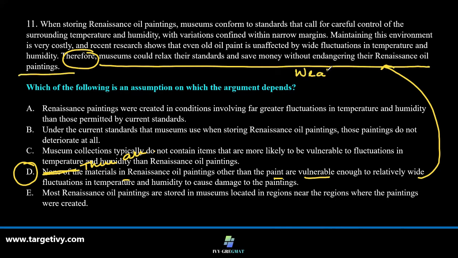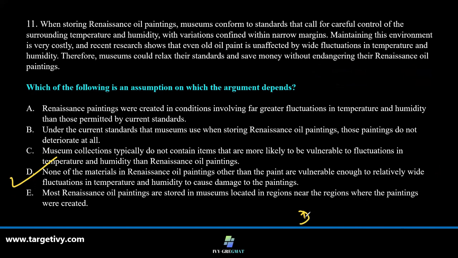That means option D is correct. Let's read the negated assumption again. There are materials in the Renaissance oil paintings other than the paint that are vulnerable to wide fluctuations in temperature and humidity to cause damage to the painting. If that is true, then this conclusion of the author will be weakened. So our option is correct. D is the correct option.